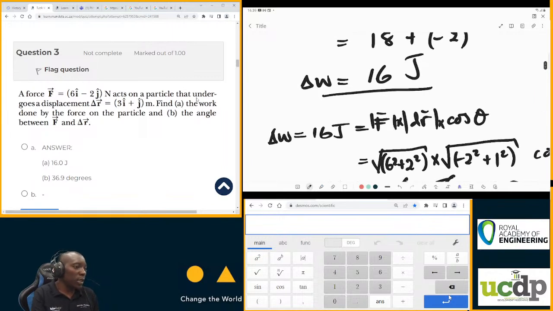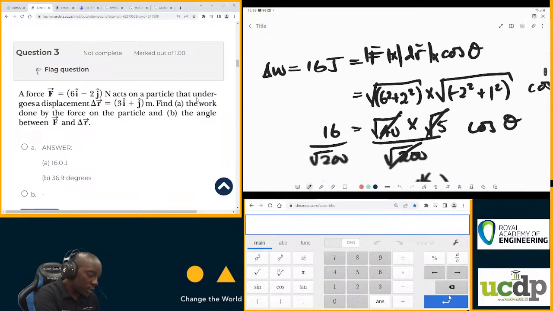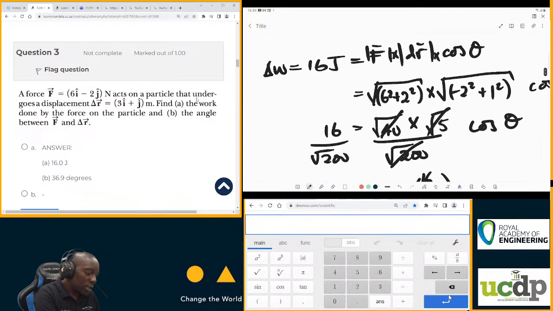That should be 36.9 degrees. Maybe this is root 5 and 36 plus 4 is 40, root 40.